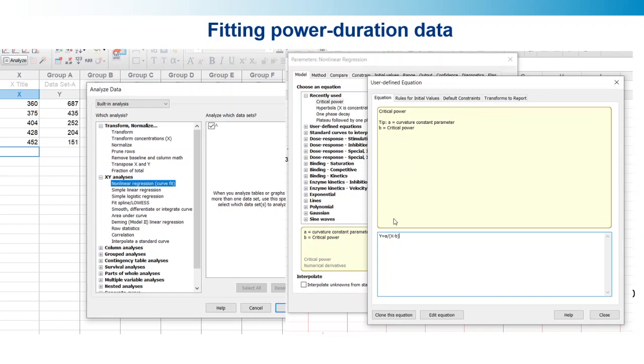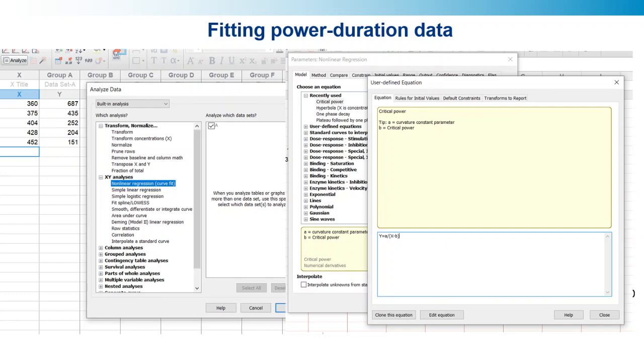B is the critical power. And there's your equation: Y equals A divided by X minus B. And that is all you need to do to get an estimate of critical power. You need to put in some initial values, but I put in 250 watts and I put in 1500 kilojoules. Oh, sorry, 1500 joules. Don't put in 1500 kilojoules, that'd be silly.